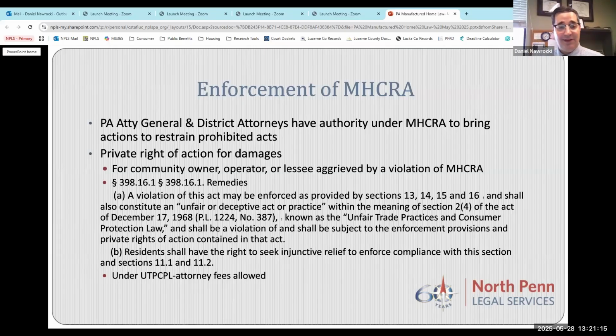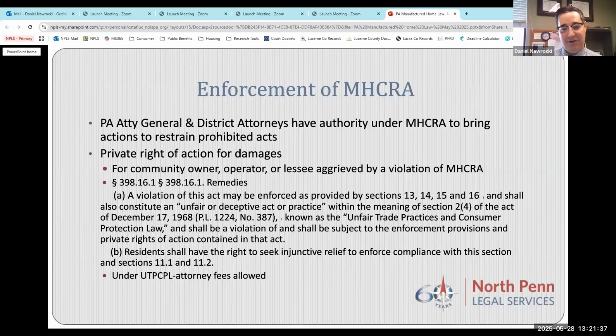But what a mobile home resident also has is the right to pursue a private right of action, and any violation under the MHCRA is a violation of the Unfair Trade Practices and Consumer Protection Law. So that's included within the MHCRA.